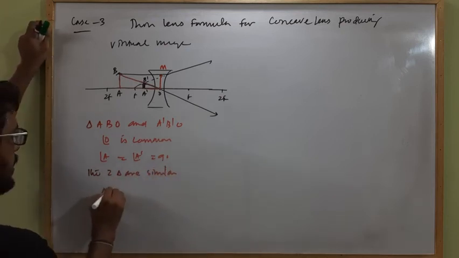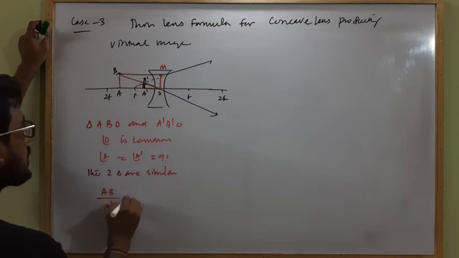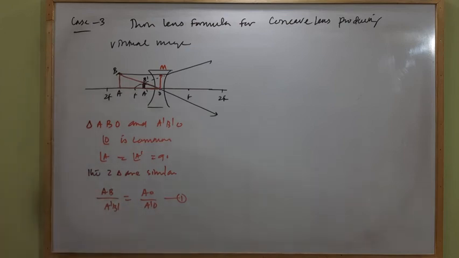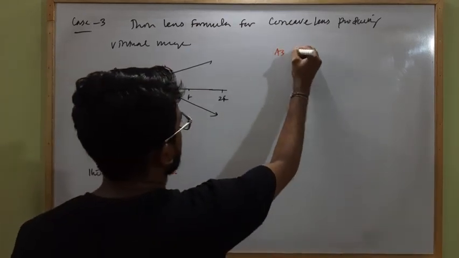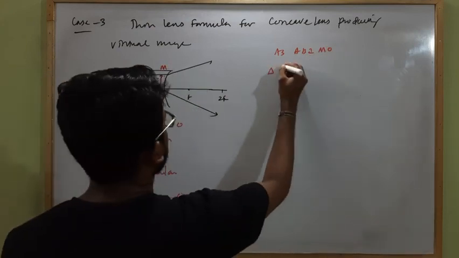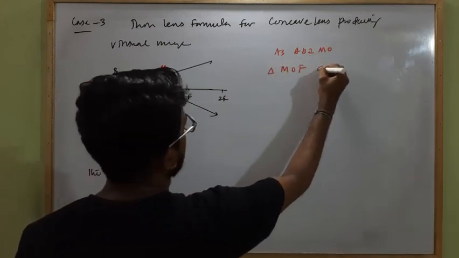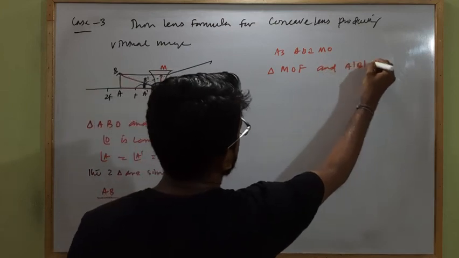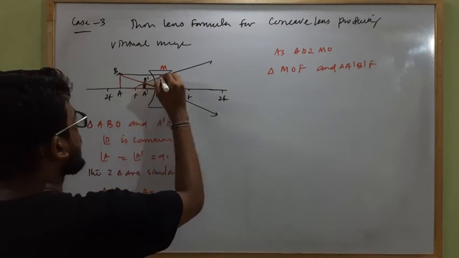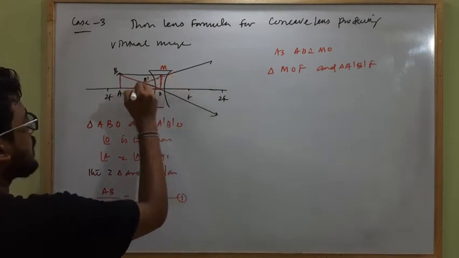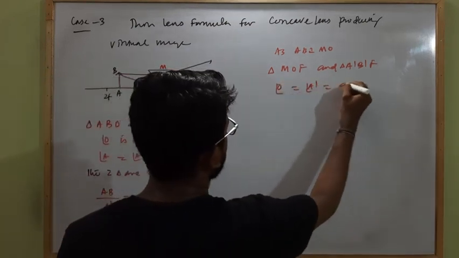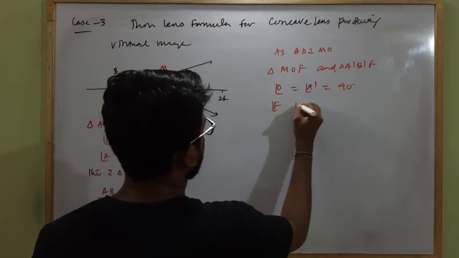So you can write AB divided by A dash B dash equal to AO divided by A dash O. Let it be equation 1. Clear? As AB is nearly equal to MO, so in triangle MOF and A dash B dash F triangle, angle O equal to angle A dash equal to 90 degree and angle F is common.